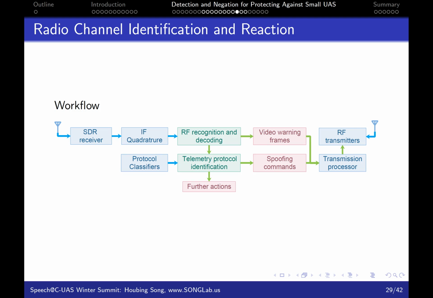Then we can send the video warning frame. Also, if the video warning doesn't work, we can send the spoofing command. Both can be sent to the transmission processor and then the RF transmitters.